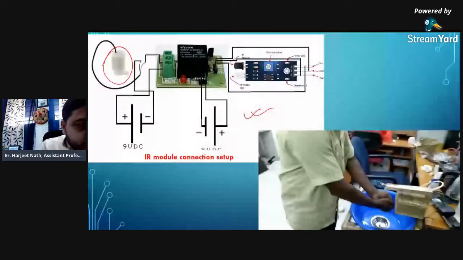Now if you have a relay board like this instead of this TP32 transistor, the advantage is that if you are not using this small submersible pump, and you are planning to use a pump of a bit higher capacity, as in this video you could see here, there was a relay board.